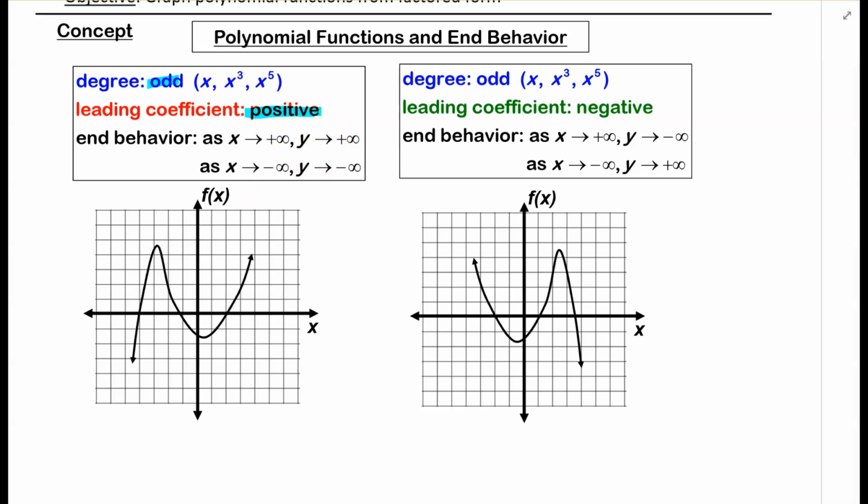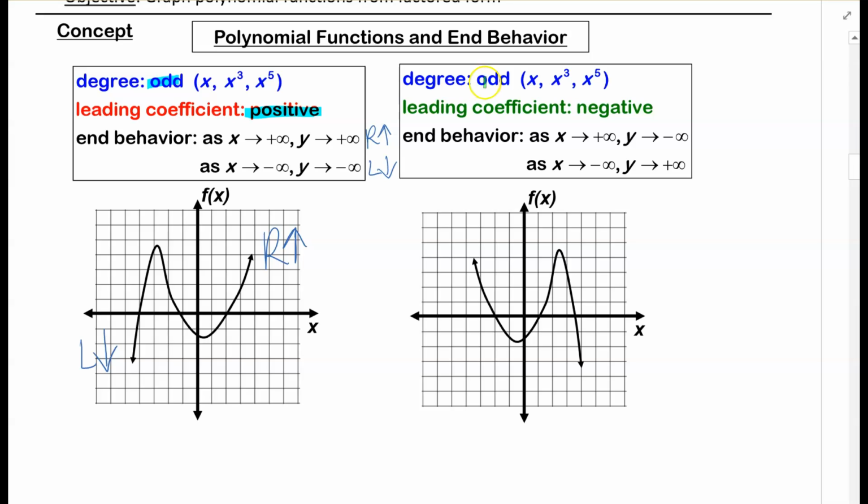If we think back to our previous lesson, as x goes to positive infinity, that's talking about my right side. Y approaches positive infinity, y going positive means up. And then as x goes to negative infinity, that's talking about the left side, y approaches negative infinity, which means down. So if I look at my graph over here, I can see that my right side is pointing upwards and my left side is pointing downwards. So that's my end behavior.